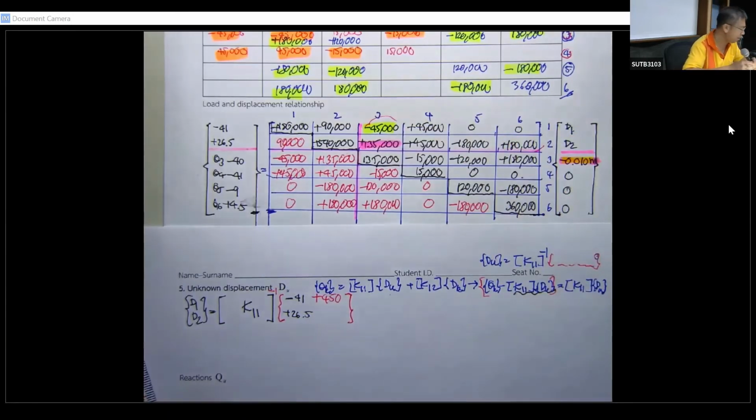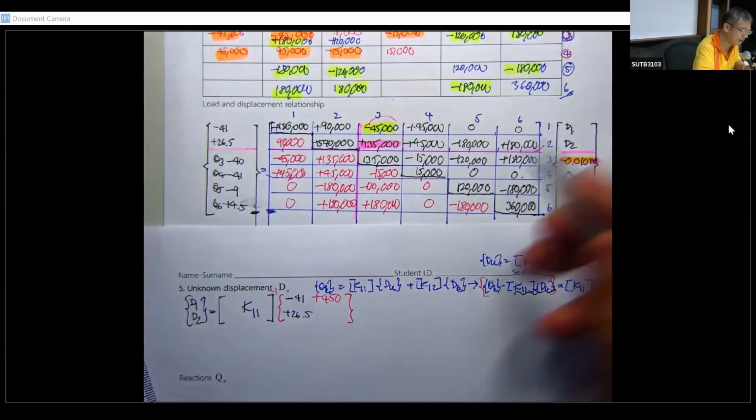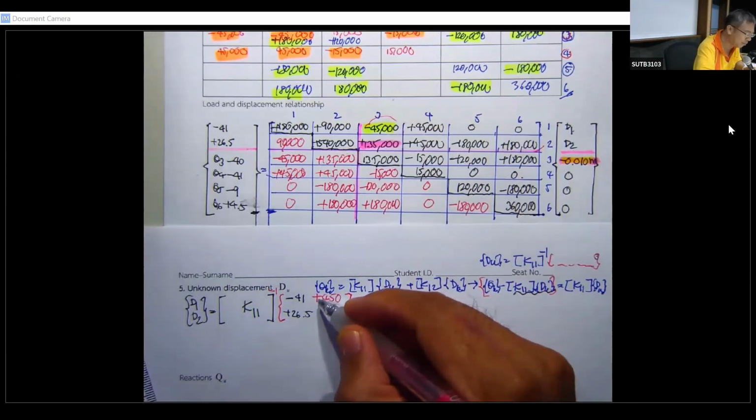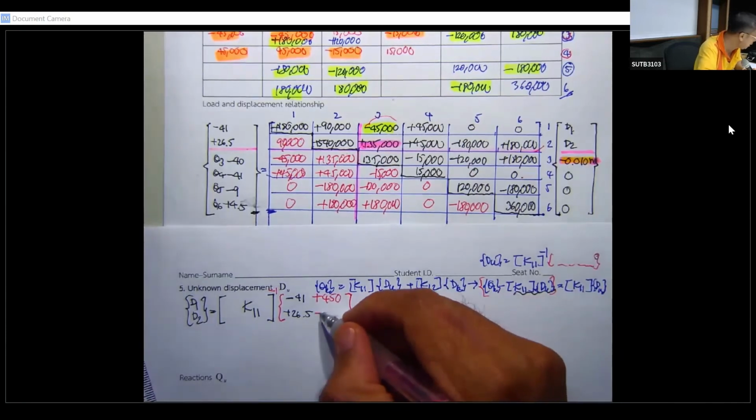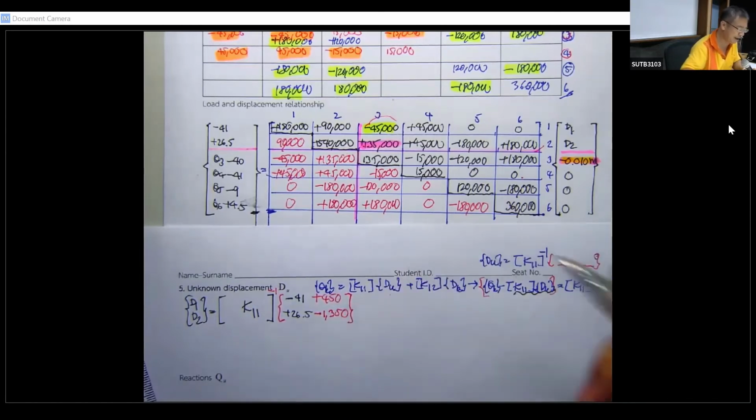It doesn't require much energy to do so, but the first one negative times negative times negative, you get positive, but this one positive times negative, you get this one for negative 1,350, okay?